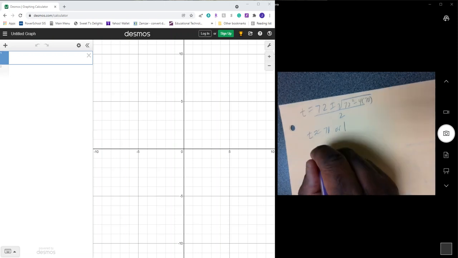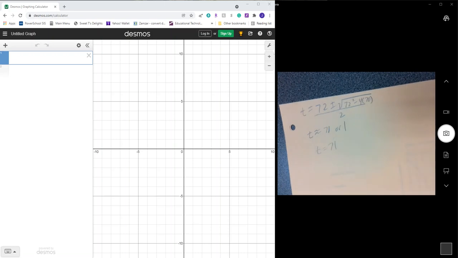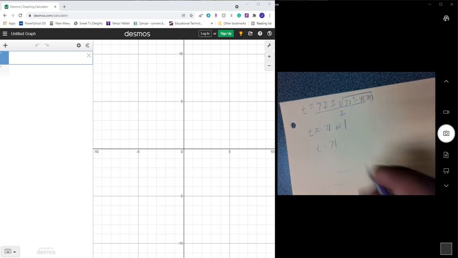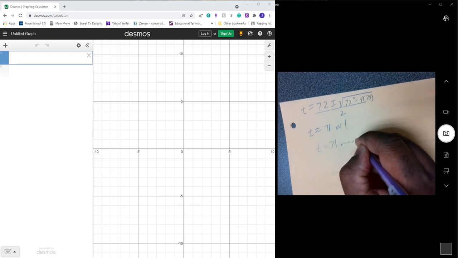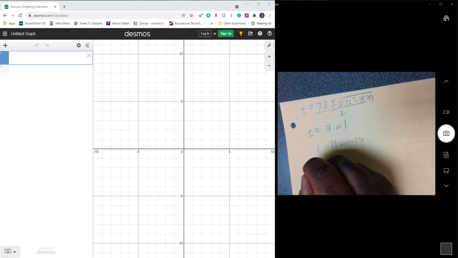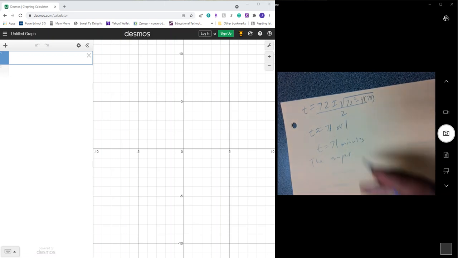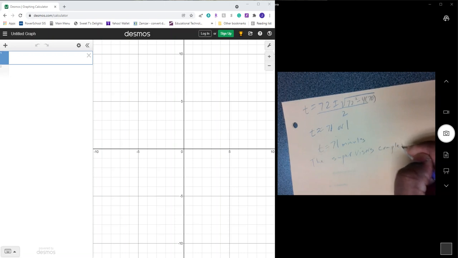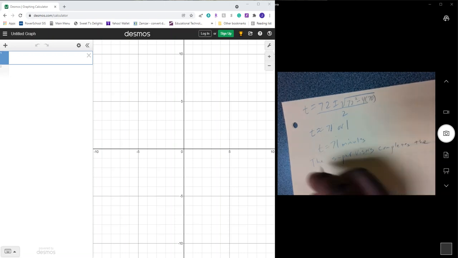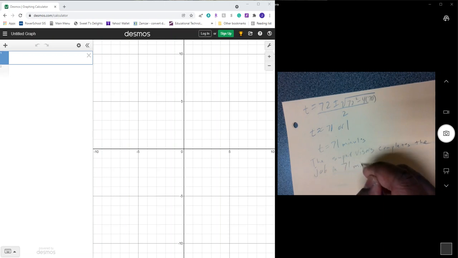So the only one that makes sense is t equals 71. So basically, t equals 71 minutes. So we could say the supervisor completes the job in 71 minutes.